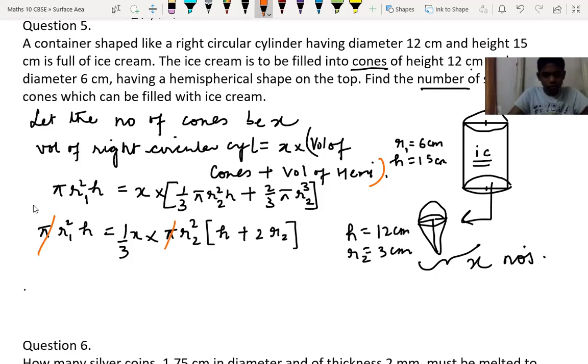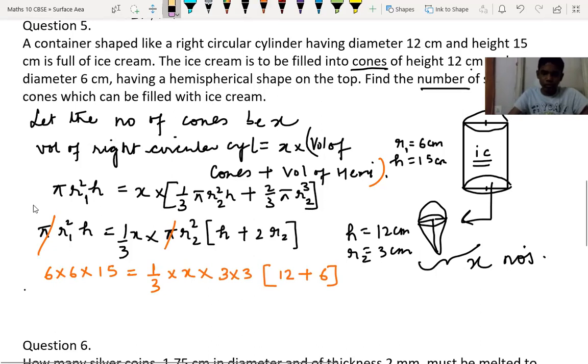Now put the values of R1, R2, H. What you know, now you put the values. R1, that is 6 into 6 into H, that is 15, is equal to 1 by 3 into x into R2 into R2, 3 into 3, in bracket H, 12 plus 2R2, 6.